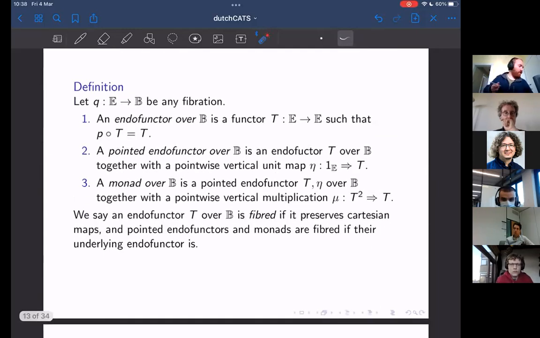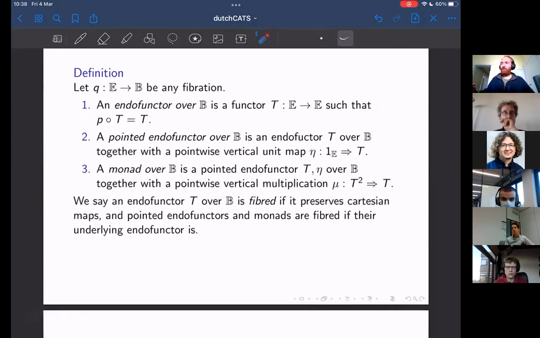Okay, and then a final class of examples. I'll go through this quite quickly, but for me this is the main source of examples, which are what you might call algebraic examples. If you have a functor T over a fibration, I just mean a functor which commutes with the fibration, such that Q and T commute, but T doesn't have to preserve Cartesian maps.